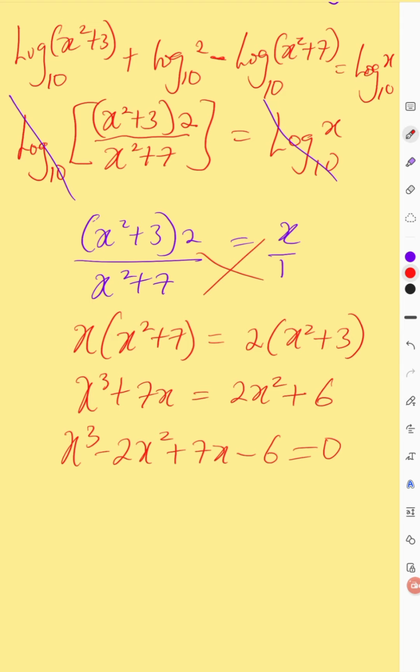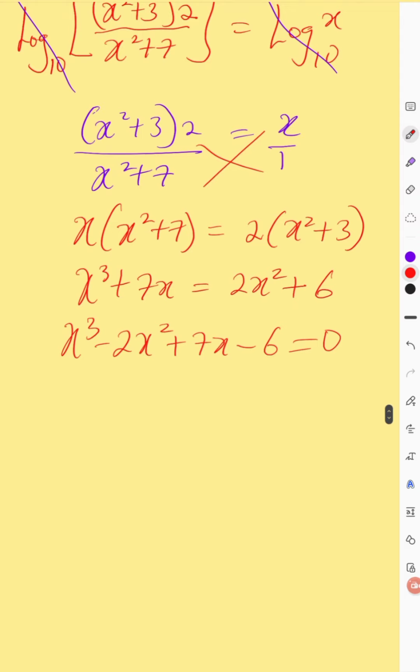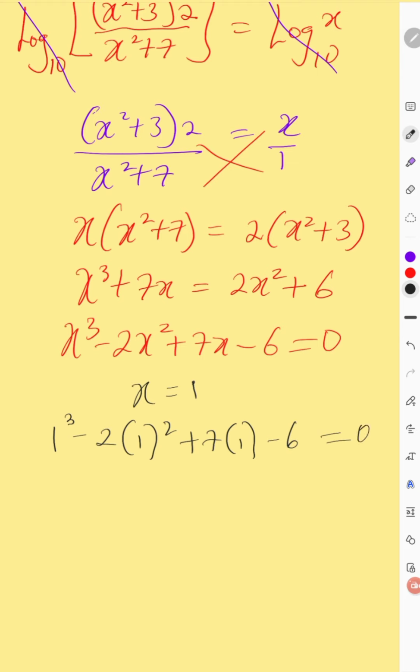But let us use trial and error to find one of the zeros of this polynomial. Supposing I plug in x as 1, for instance. We shall have 1 to the power of 3 minus 2 times 1 squared plus 7 times 1 minus 6. Let us see if it will be equal to 0.